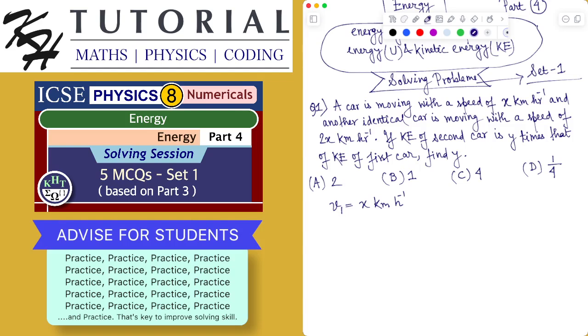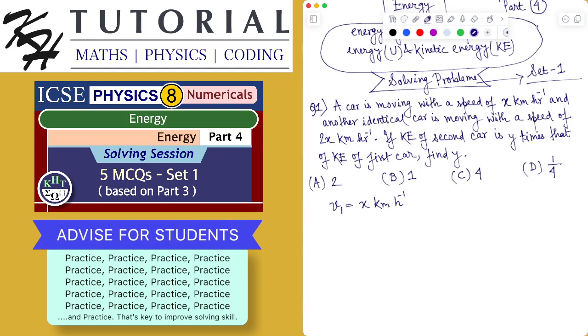Usually with the speed the unit we use is meter per second or even centimeter per second. In this problem, the unit is given as kilometer per hour. For this problem it is not necessary to convert this unit to any other unit. Let it be like this. So v1 is x kilometer per hour.